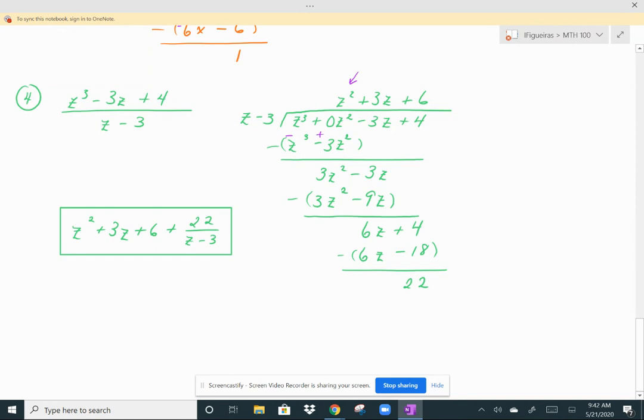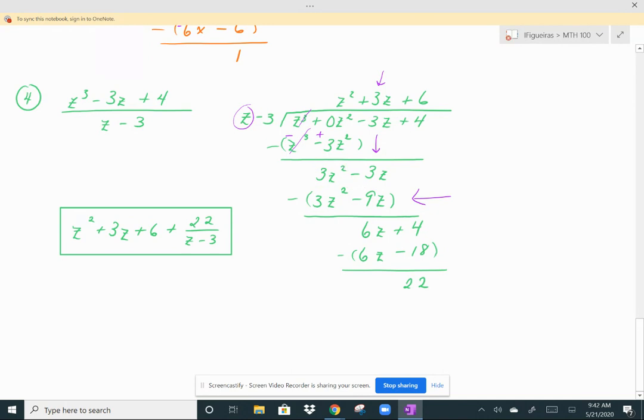You do that subtraction, z cubes cancel, so you get 3z squared, and then you bring down the minus 3z.